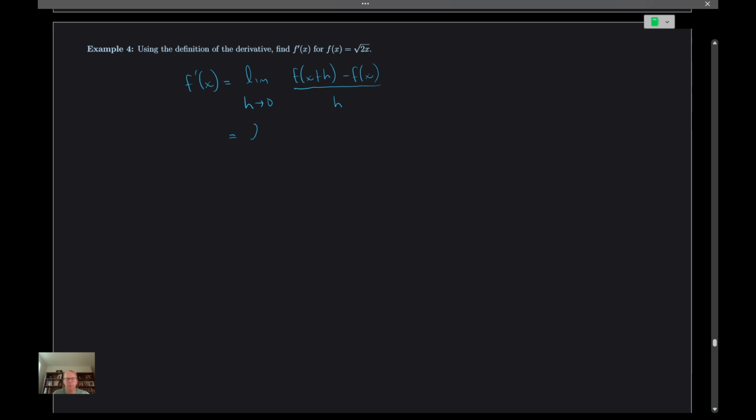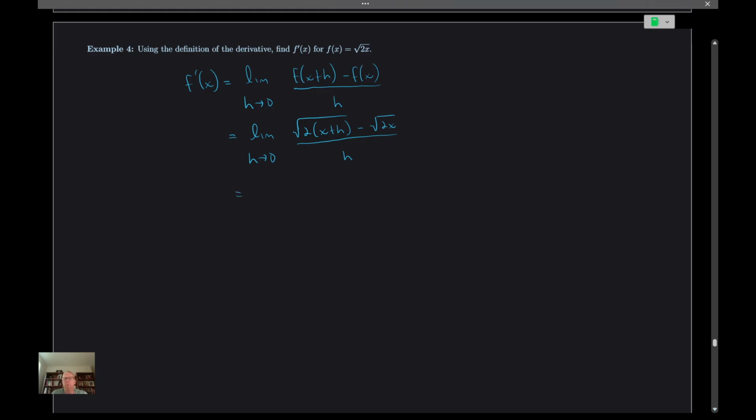And so this is the limit as h approaches 0 of square root of 2 times x plus h minus square root of 2x over h. Now, obviously you can't just plug in 0 for h.